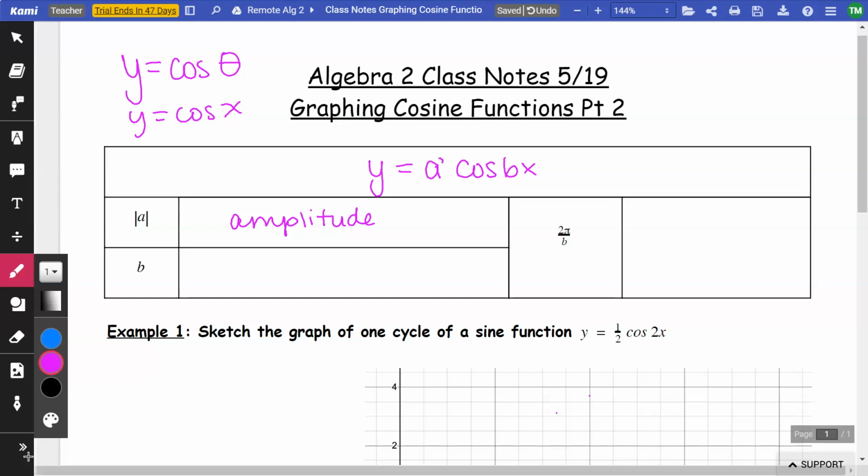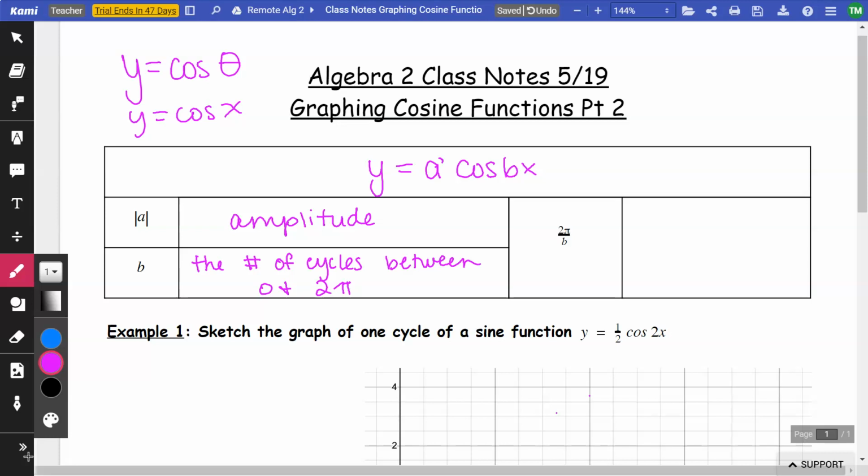B will then also still represent the number of cycles between 0 and 2 pi. So how many times does the cycle of this cosine function occur between 0 and 2 pi?